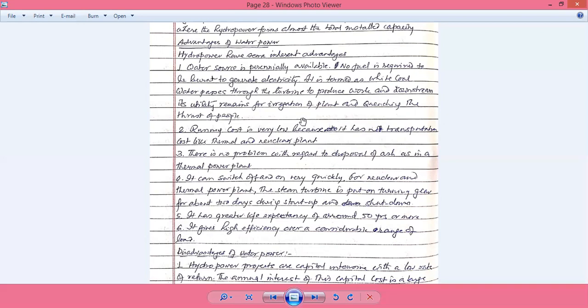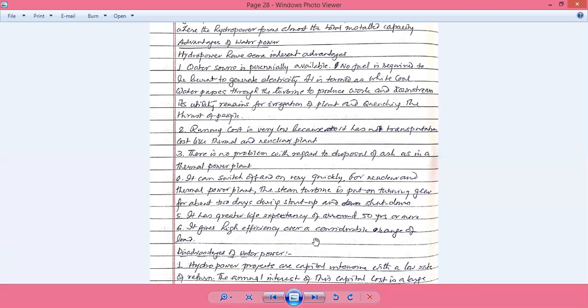Now, it can be switched off and on very quickly, whereas a thermal power plant requires 2 days to function, whereas here you can start the plant in moments if your water jet is available. It has a much higher life expectancy, around 50 years or more, and gives high efficiency over a considerable range of flow.